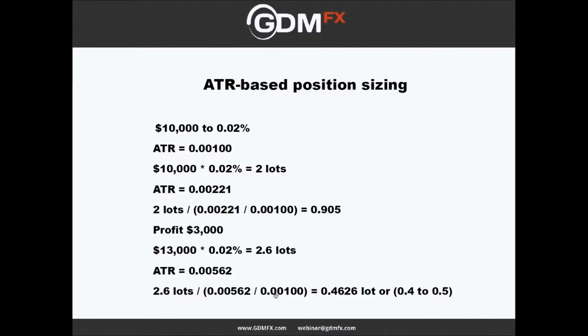Also, I'd like to mention that this particular method of position sizing is rarely used because it takes a little bit more time, especially for those traders that are used to trading on lower time frames, like the 5-minute, 15-minute, 30-minute chart.